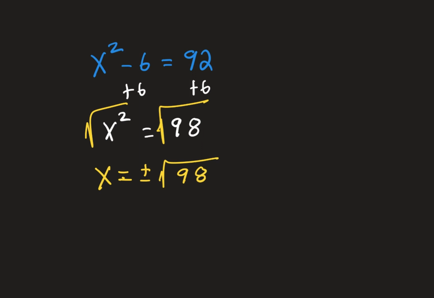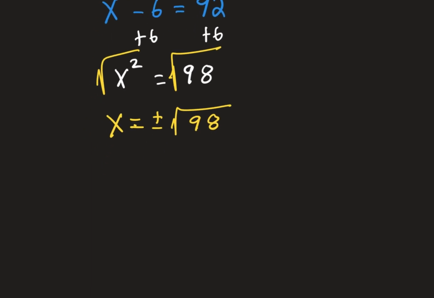Now, this is why we worked on what we worked on yesterday. We're not going to put the square root of 98 in our calculators and hit enter and get a decimal. We're going to do the prime factorization tree for this. 2 and 49. 49 goes into it, right?